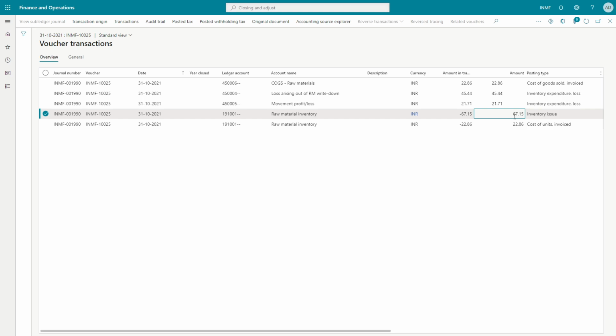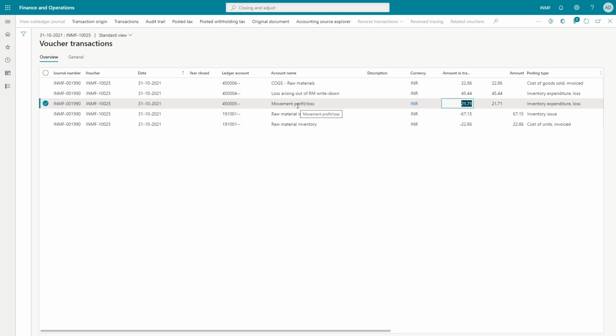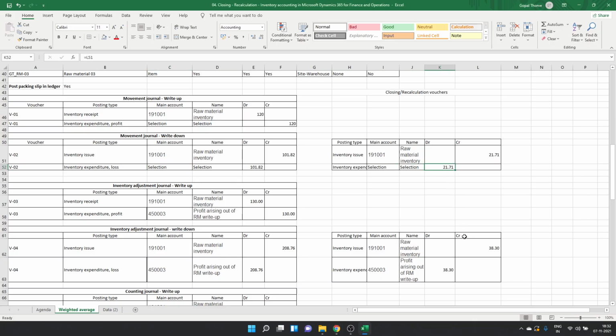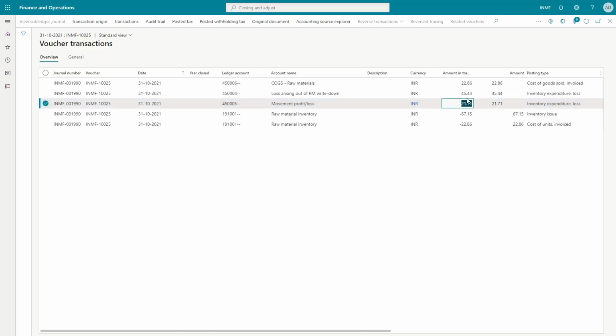This amount is getting split between two when it is getting posted to the profit and loss account. The first transaction was for movement general, where we selected some account while doing the movement general transaction. So that is posted into this movement profit and loss account, that is 21.71. And the inventory expenditure loss from inventory counting generals and inventory movement generals, 45.44, is posted into this loss arising out of RM write down, write up.